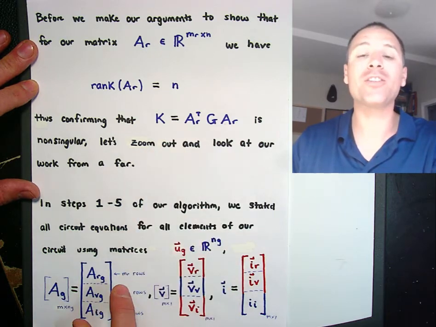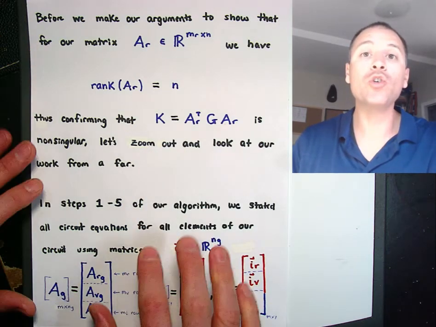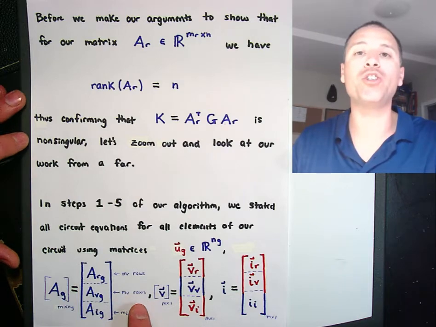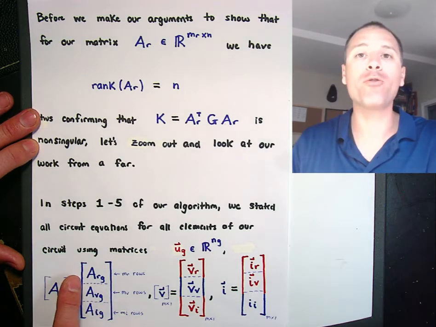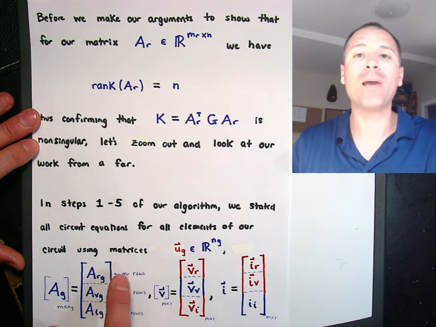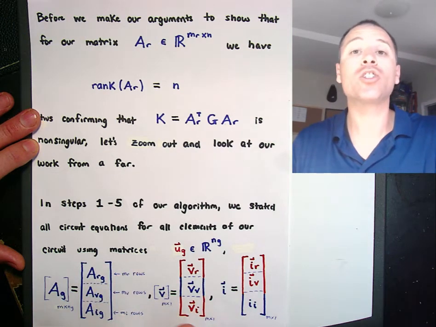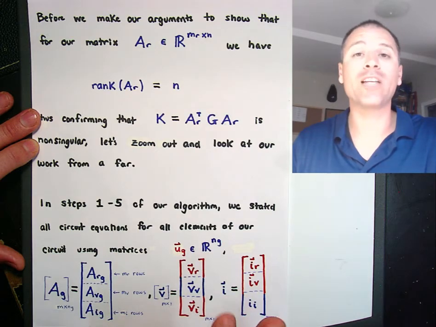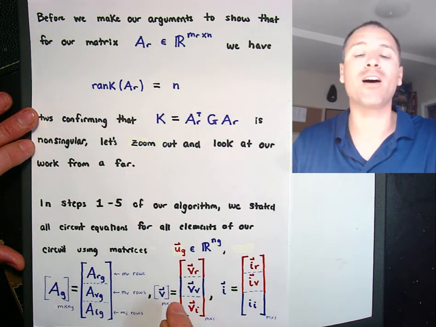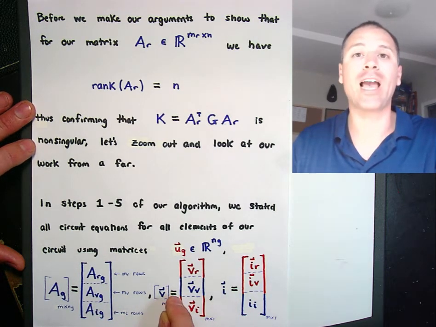Before we go into the details on this, I want to zoom way out and recall the general structures that we have as we've approached this algorithm and as we set up this proof. Remember, in steps 1 through 5 in our algorithm, we basically translated the circuit that we started with, containing only resistors, voltage sources, and current sources, into a set of matrices, vectors, and equations.